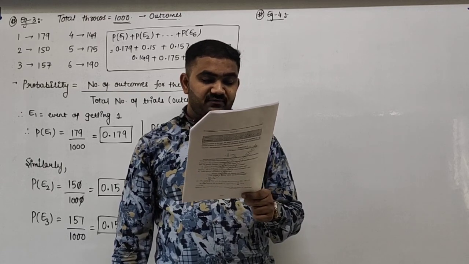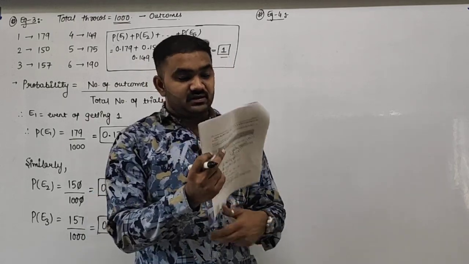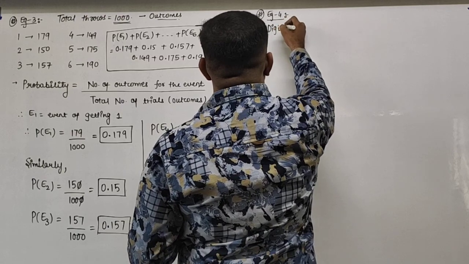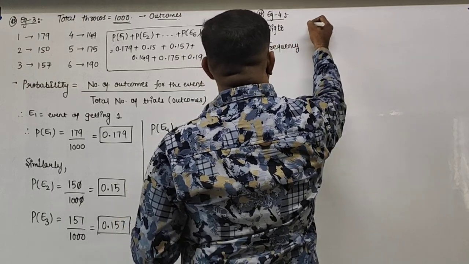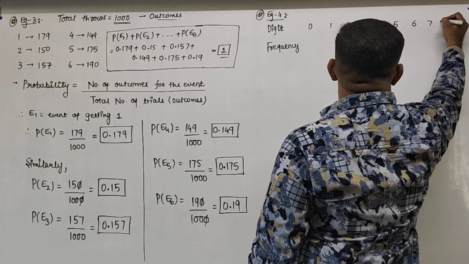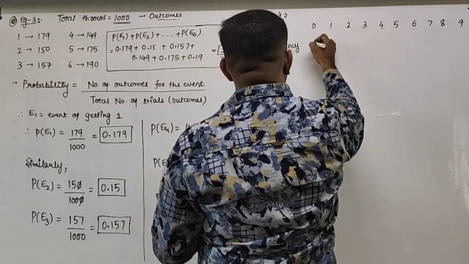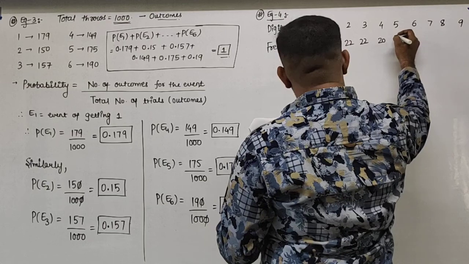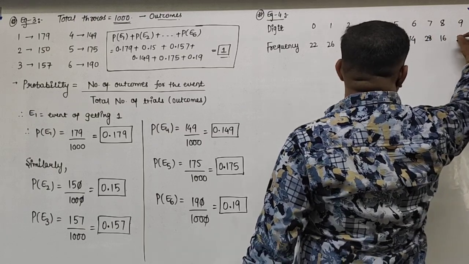The frequency distribution of their unit place digit is given in the table. For example, if the number is 25828573, its unit place digit is 3. So all of this is given to us. Now I am writing the table here so that you can remember and understand it easily. Below I write the frequency. The digits are 0 1 2 3 4 5 6 7 8 and 9. These digits are given and against them the frequencies are given: 22, 26, again 22, again 22, 20, 10, 14, 28, 60 and 20.